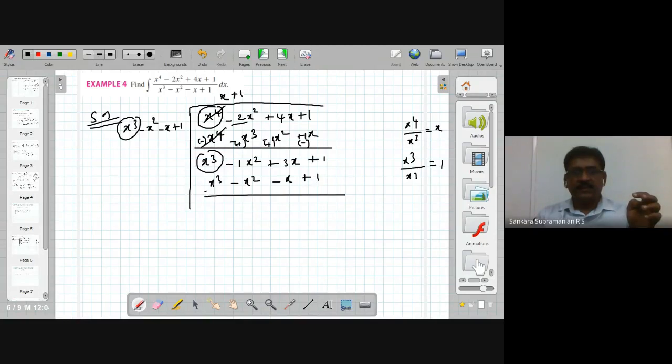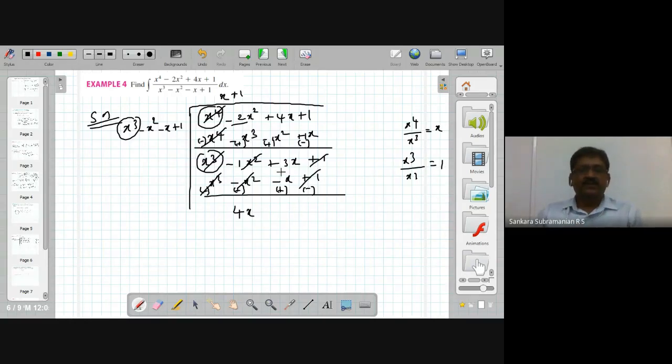Okay, change of sign, minus plus plus minus, cancellation, and this is plus x square, this is minus x square. This is 3x. This is plus 1x. You are right, 4x. And this is plus 1. This is minus 1. It gets cancelled.